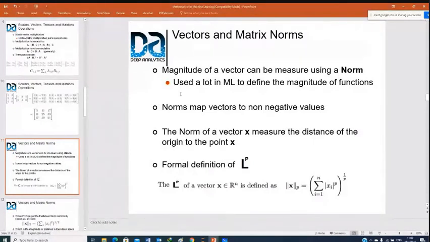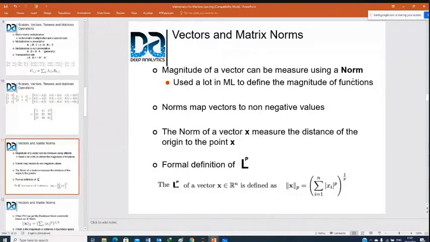The norm of a matrix is used a lot in machine learning, especially in the traditional machine learning algorithms. They're all based on the norm of a vector. Norms map vectors to non-negative values. The norm of a vector x measures the distance from the origin to the point x.